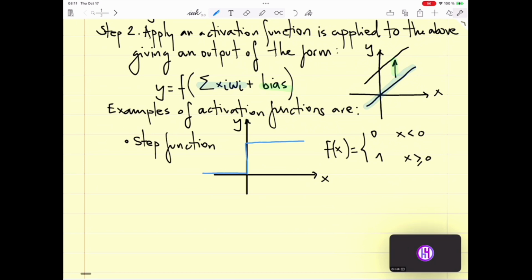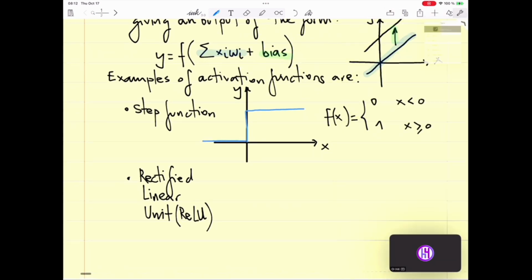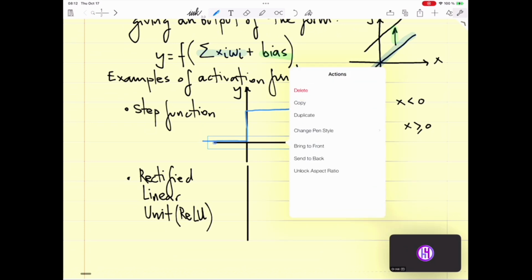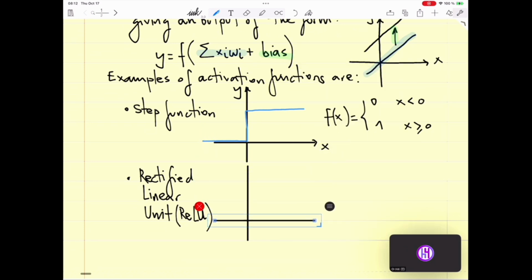This is not very good. The activation function that we are going to use is called rectified linear unit, or in short, ReLU. And this function looks like following.